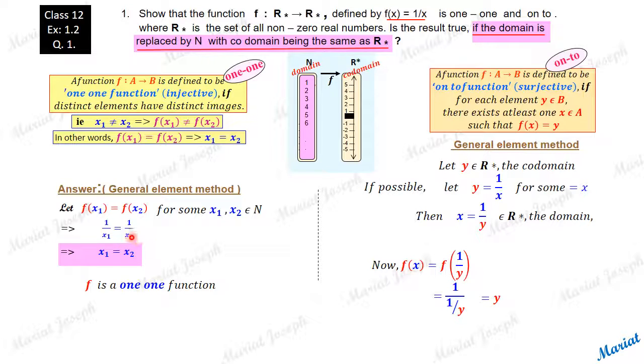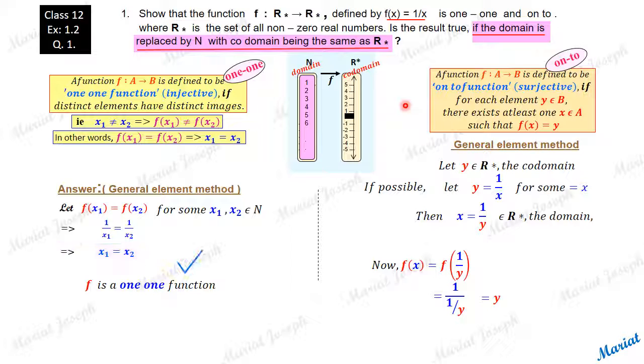Even for natural numbers, if 1 upon x1 and 1 upon x2 are equal, x1 will be equal to x2. This is following the definition. Whenever f of x1 is equal to f of x2, that implies x1 equals x2. So the function remains 1, 1. Even if the domain is changed, there is no problem. The function is still a 1, 1 function.